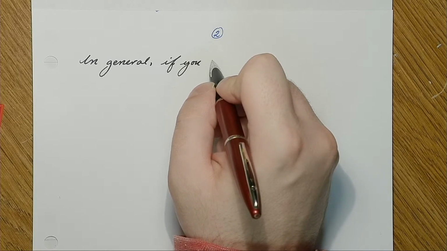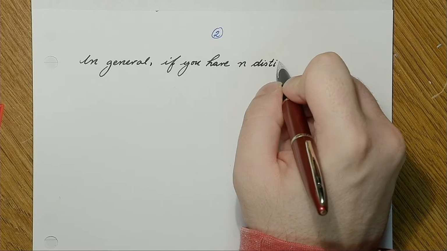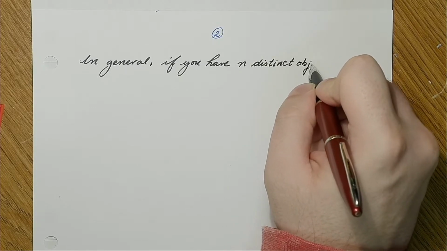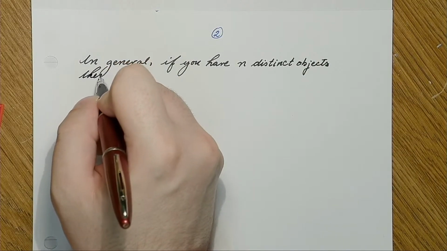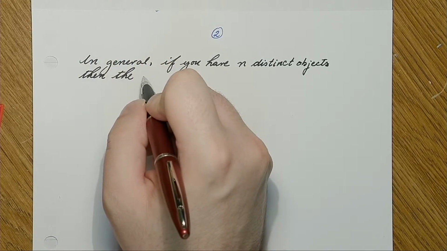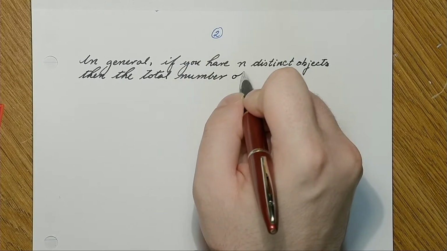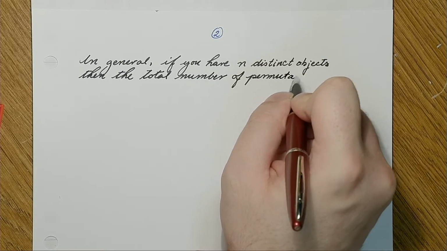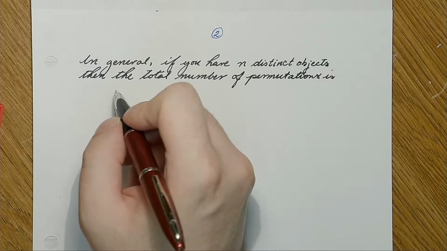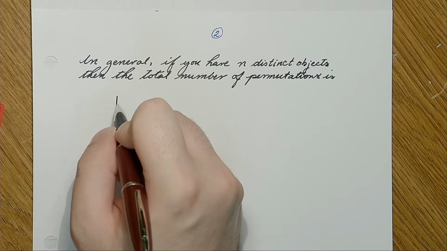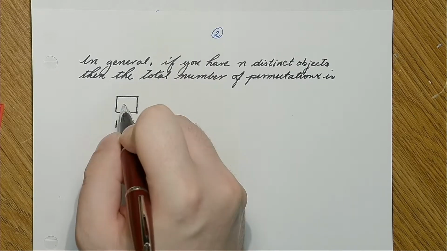So in general, if you have n distinct objects, then the number of permutations is, so the total number is, so we start off with, for that first choice, you'll have n.